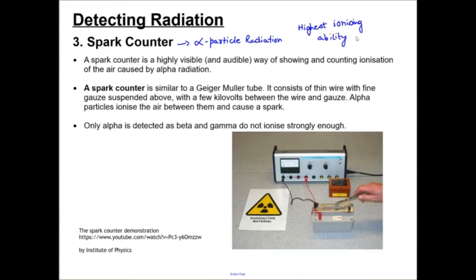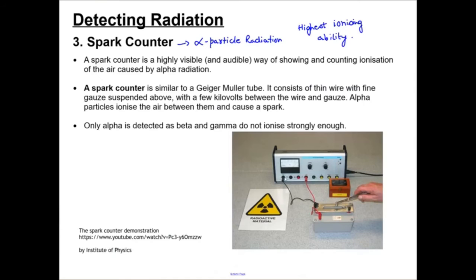Right. So in this type of spark counter, they have a high voltage source and they have a mesh over here. This copper plate in the center, if you could see, there is a cavity over there. In that cavity, you have a metal wired mesh, which is connected to either the positive or the negative terminal.